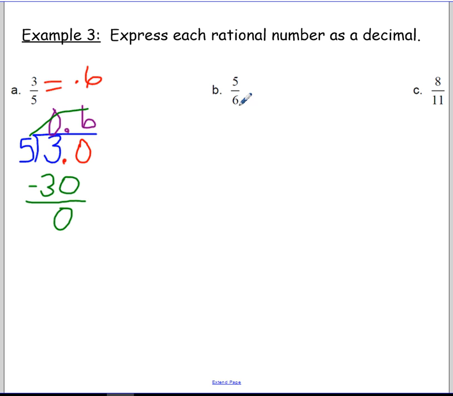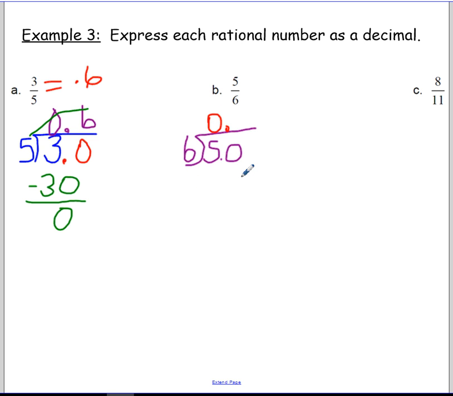Let's do 5/6. So again, down and out, the 6 will go on the outside, and our 5 will go on the inside. Go ahead and put a decimal and 0 after our 5 to see what we can do, because again, we'll put our decimal up here, and 6 could not go into 5.